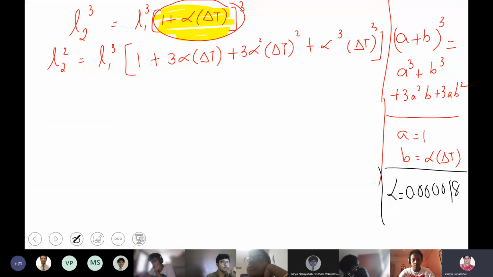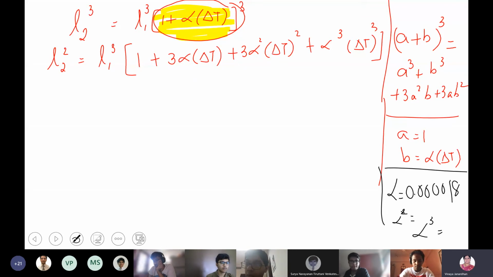Okay, fine. Now, in the previous numerical, have you seen the value of alpha? The value of alpha itself is so low. If I square the value, if I cube the value, then the value becomes still lesser and lesser. Alpha itself is 0.0018, approximately equal to 0.